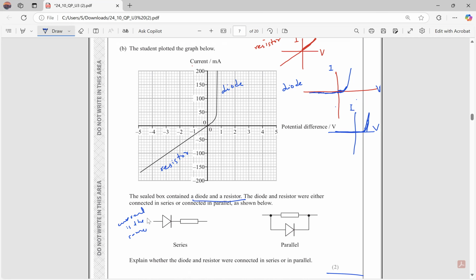So if you look at the graph, first let's look at the negative part of the graph. The negative part is basically the reverse biased region. If you're wondering why there are negative voltages and negative currents, that basically just means that the diode is connected in reverse bias with the battery.